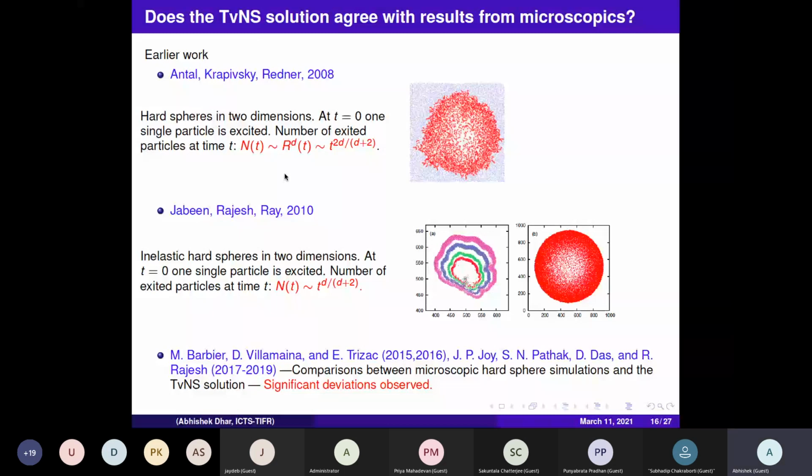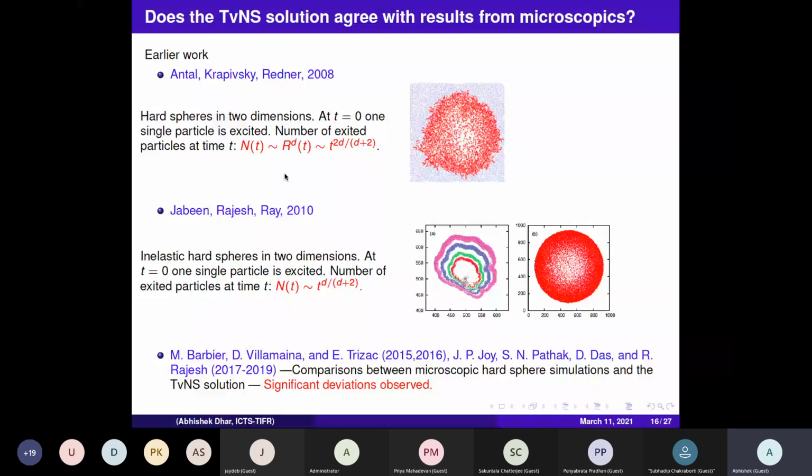Now at time 0, you just hit one of the balls at the center, and as you can imagine, it's like a carom board, right? You hit just one ball at the center, and then some more balls get excited, and some more balls get excited. How does this spread? This is exactly like the explosion.